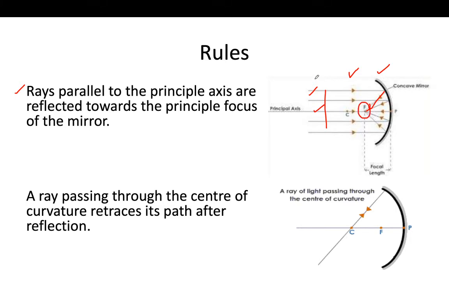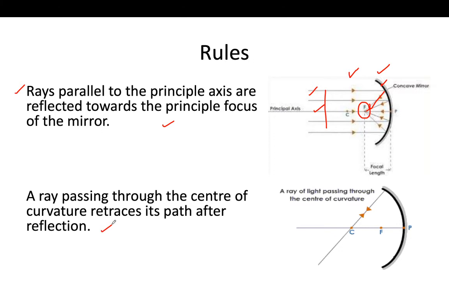Satellite signals fall on that dish and are reflected to the principal focus, where the device is. So if the dish is damaged, satellite signals will not reflect directly to this box and our television or digital receiver will not receive the signals. So that is the same rule: rays parallel to the principal axis are reflected towards the principal focus of the mirror.